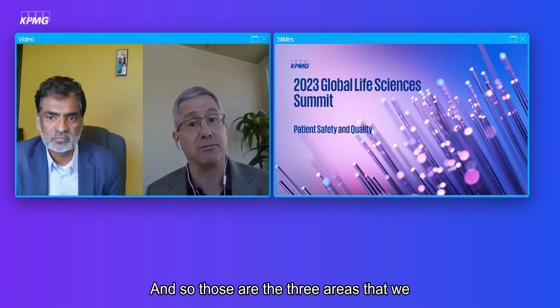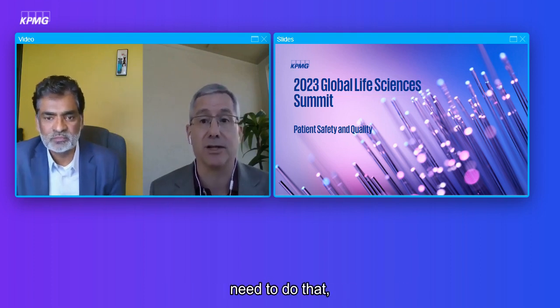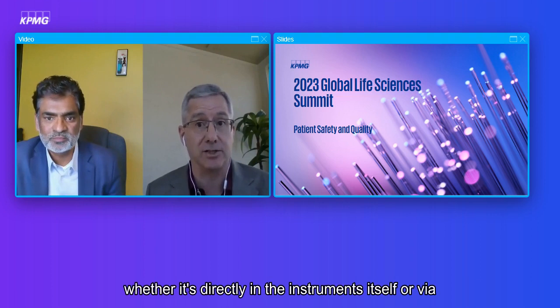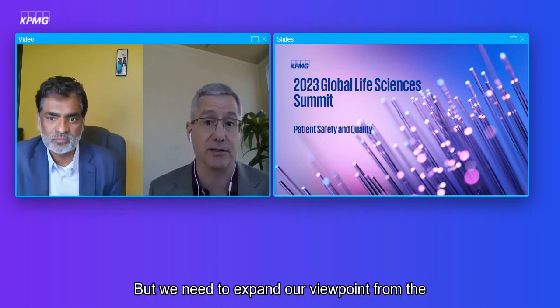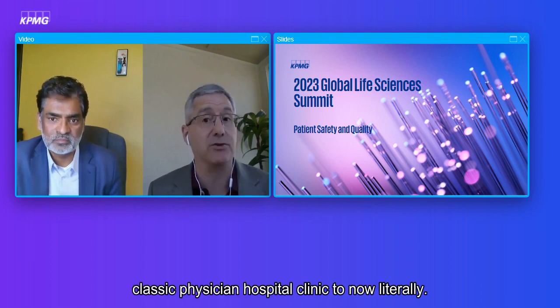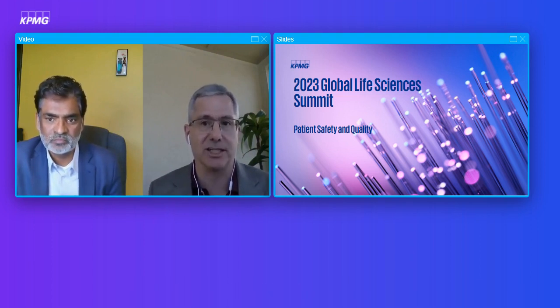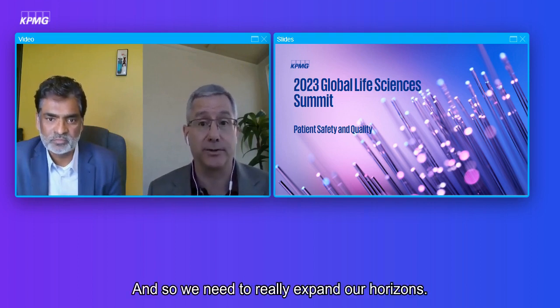And so we need to get further up front. Those are the three areas, whether it's directly in the instruments themselves or via accessories and other support mechanisms. We need to expand our viewpoint from the classic physician, hospital, and clinic to now literally your neighbor next door. We really need to expand our horizons.